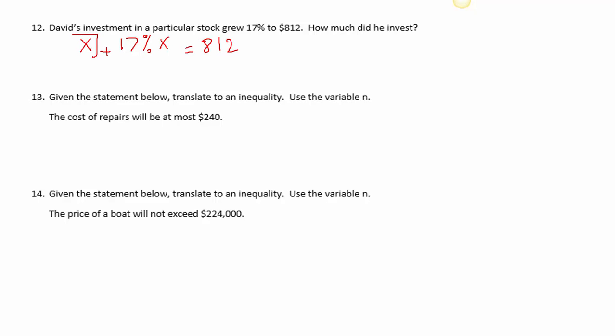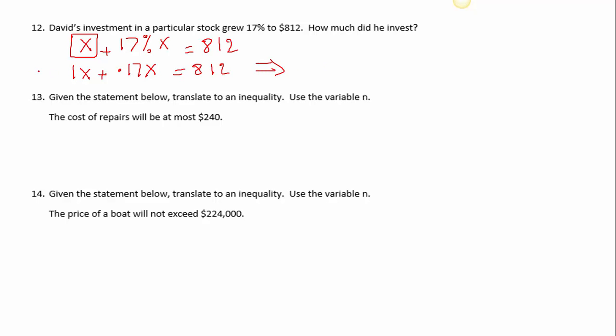So this is my original investment. It grew 17%, so 17% of x is how much it grew, and the sum should be 812. So 1x plus 17% is 0.17x equals 812.